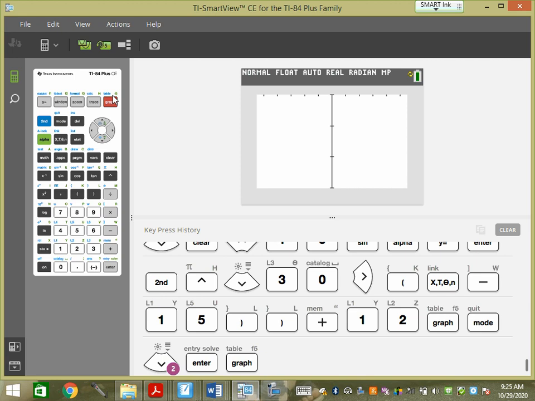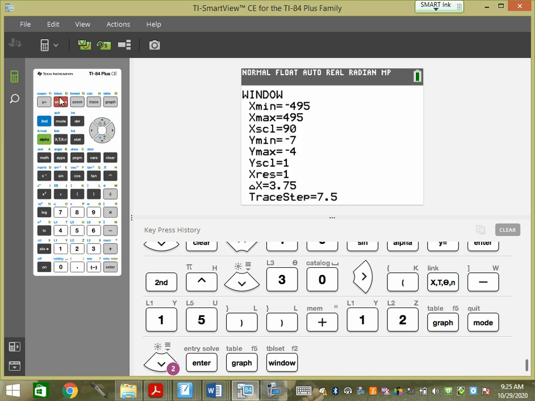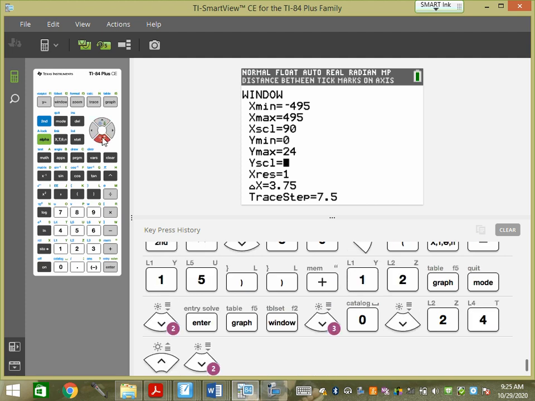Why is it still crappy? What is my minimum? We figured it out already. What was the minimum? 2. So I'm going to make my y minimum 0. My y maximum, what did it get to? It got to 22. So I'll make it 24 because I like seeing a little above and below. I'm going to make it go up by 2 so I can see little ticks. My x min is 0.